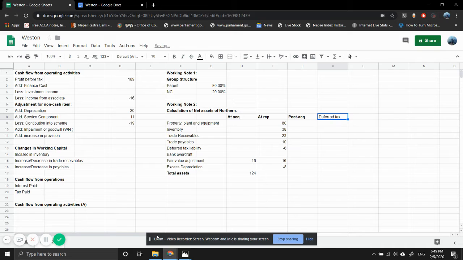And then another thing that we need to be careful about is the deferred tax. The temporary difference is how much? 16 into 25%, right? 0.25.